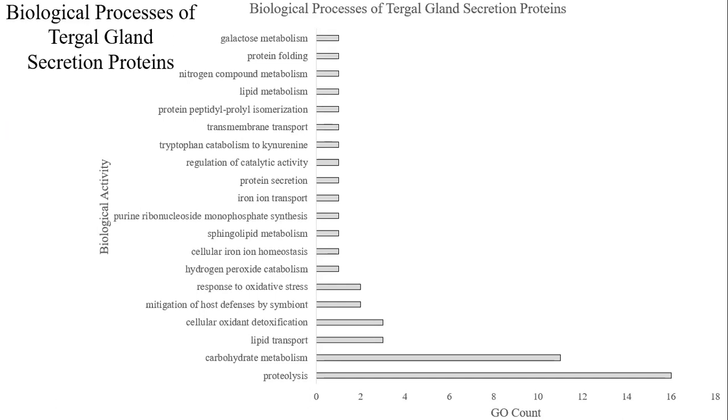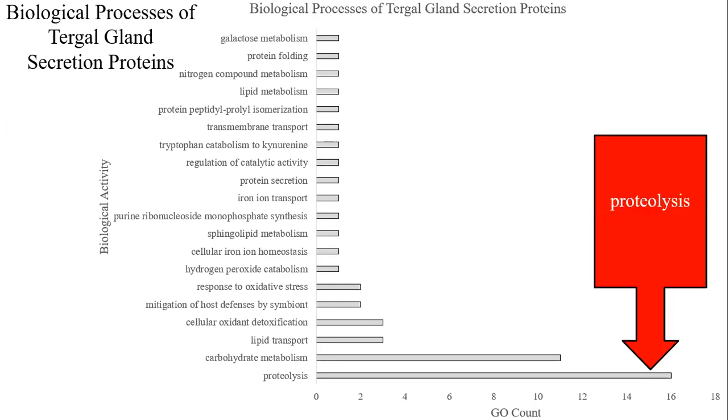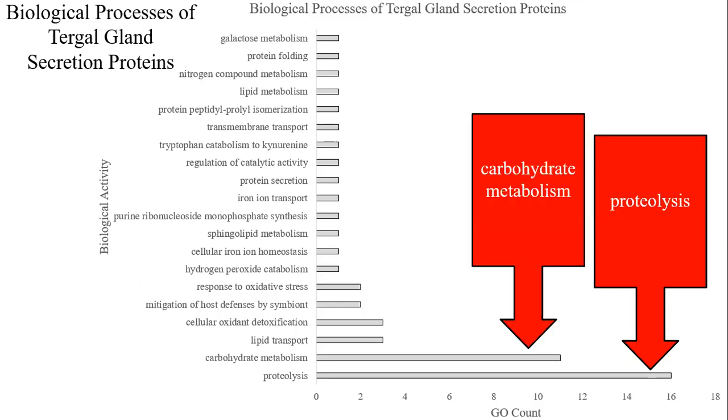In this analysis, proteolysis was the most common process, and carbohydrate metabolism was the second most common. So quite a few proteins also broke down sugars and starches, basically metabolizing them as well. To reiterate, proteolysis and carbohydrate metabolism were very common.